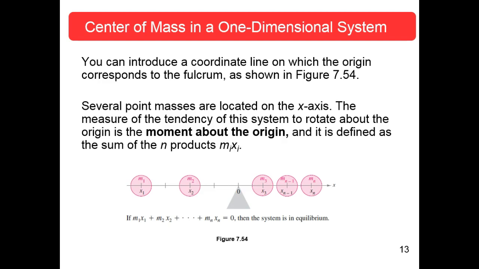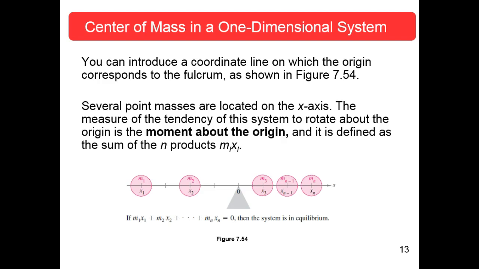Depending on what the masses are, you'll see what the rotating arm is. So if m1x1 plus m2x2 plus m3x3 plus the rest all add to 0, then the system's in equilibrium.